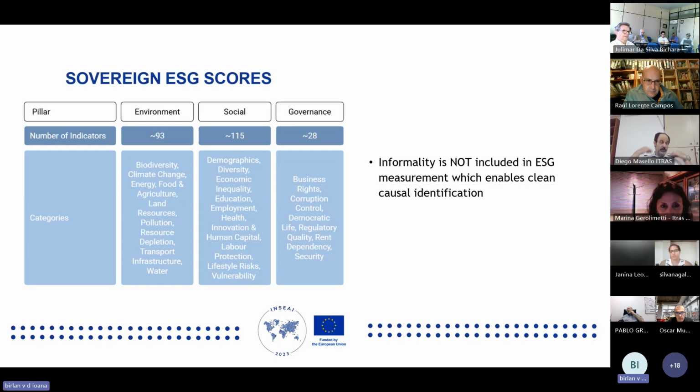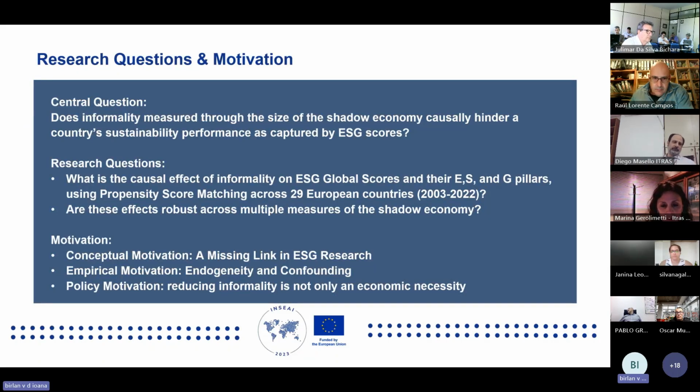However, looking at all of the indicators, informality is not included as of yet, which enabled us to perform a causal identification and the propensity score matching analysis. Our core and central question is, does the informal economy, measured through the size of the shadow economy, causally hinder country sustainability performance as captured by the ESG scores?